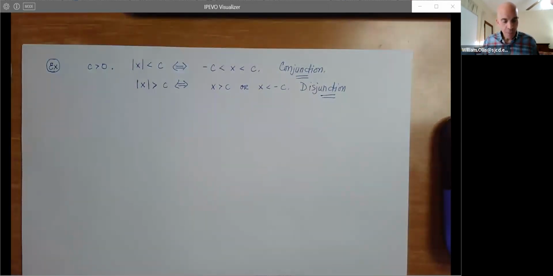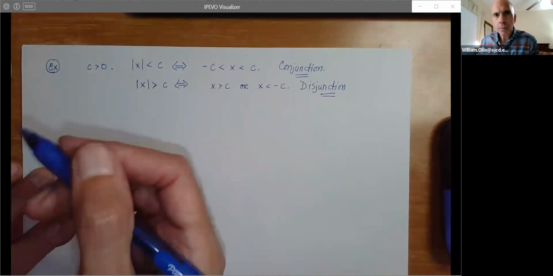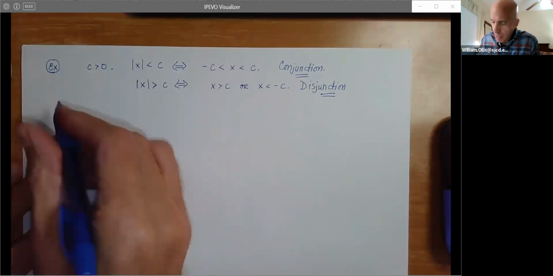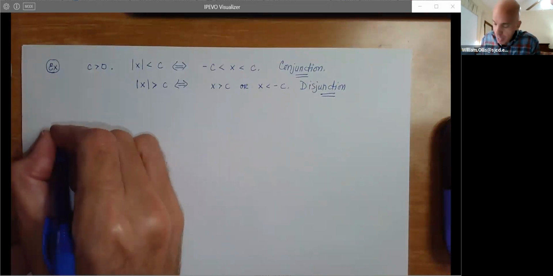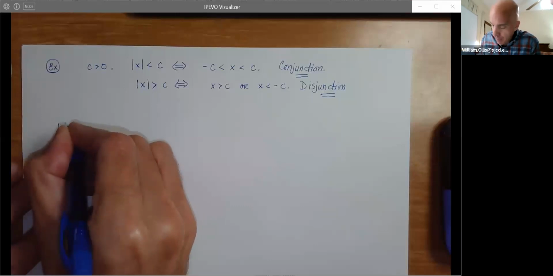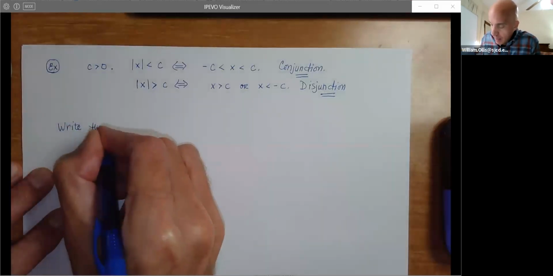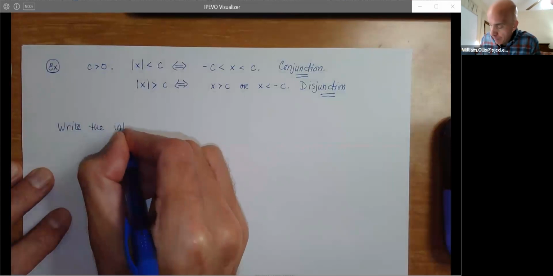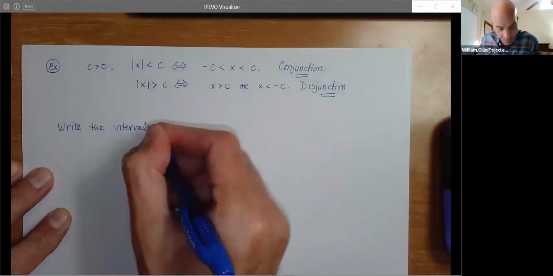So the student asked about this, and so I'm going to give you a little, what do we say, recipe to do this. So here's an example. I'll say write the interval. I just made this up.